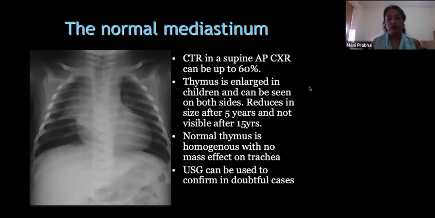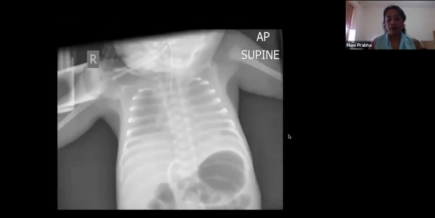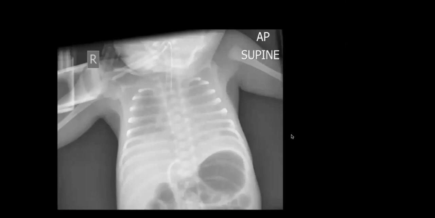So with this overview, I'm going to start with my first case. So candidate number 1, please, if you would like to describe this. Okay, so frontal radiograph of a child. There's an ET tube in situ, which appears to be in appropriate position. There also appears to be an umbilical catheter.